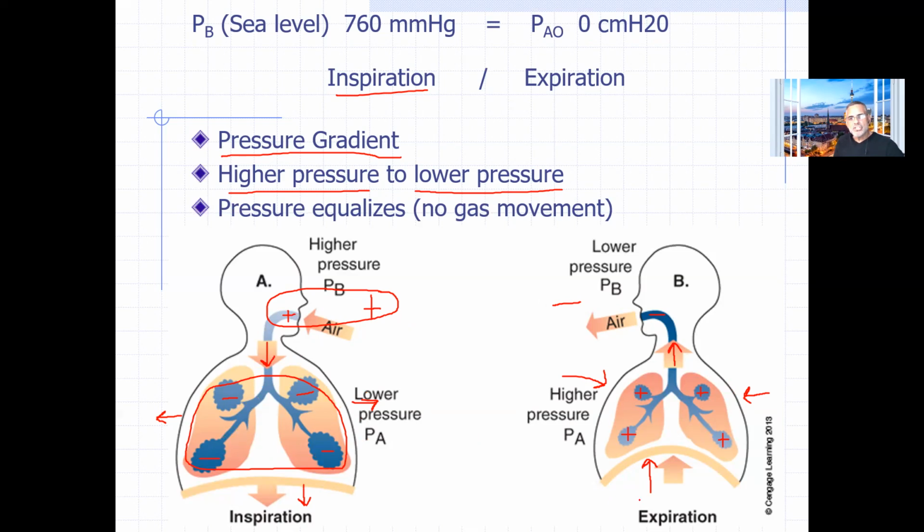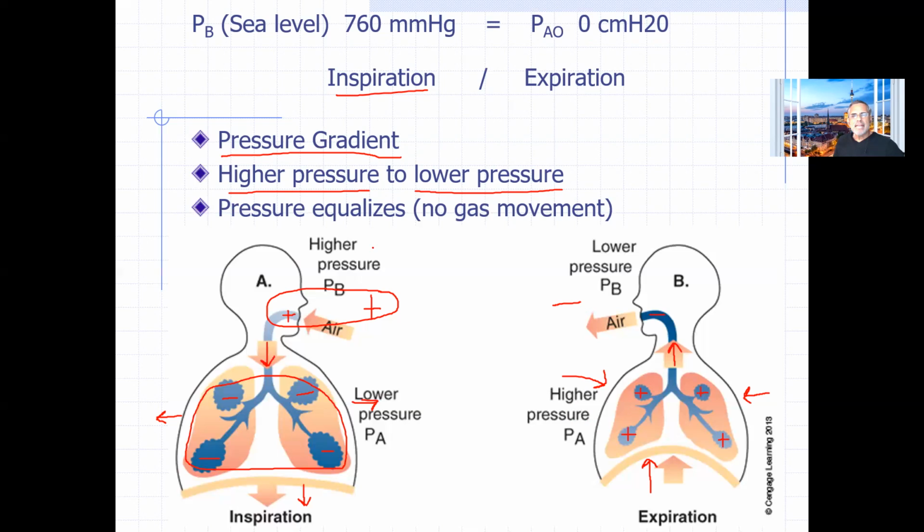Now, during exhalation and expiration, the diaphragm and the intercostals relax and go back to their natural state, which means the diaphragm goes up and the intercostals relax and allow the chest wall to go back to its natural state. All of these push onto the lungs, making the pressure more positive in the lungs, the alveoli, compared to outside, and so gas moves outward.